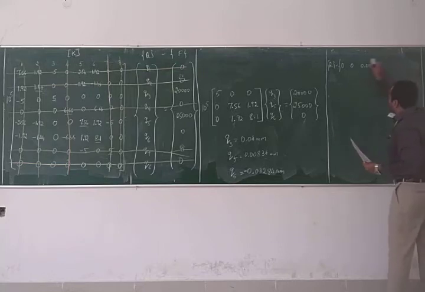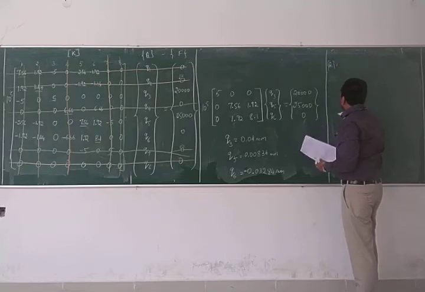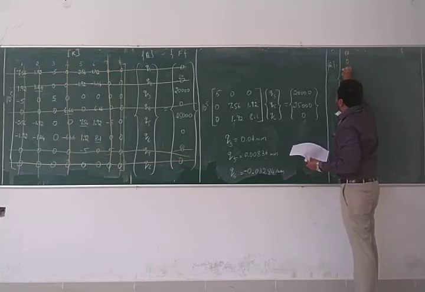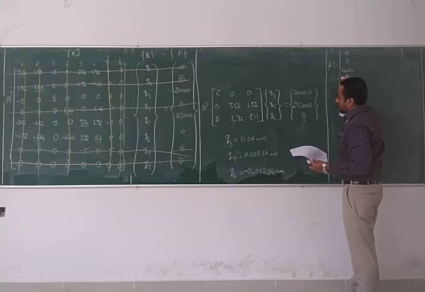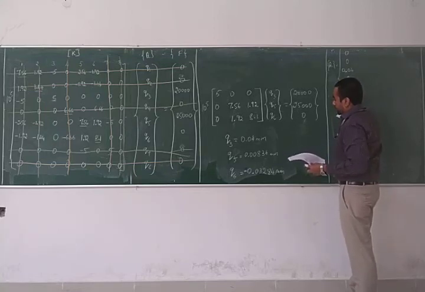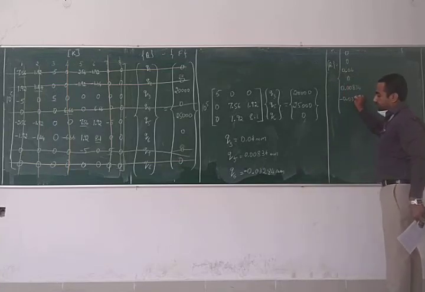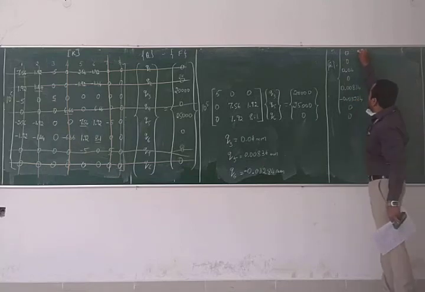Since I am running out of space, I will put it in column form itself instead of writing the transpose: 0, 0, 0.04, Q4 is 0, Q5 is 0.00834, Q6 is minus 0.03284, Q7 and Q8 are 0 and 0.